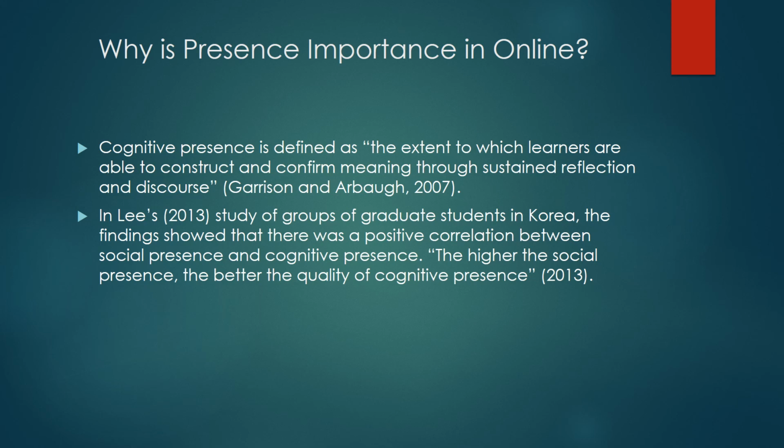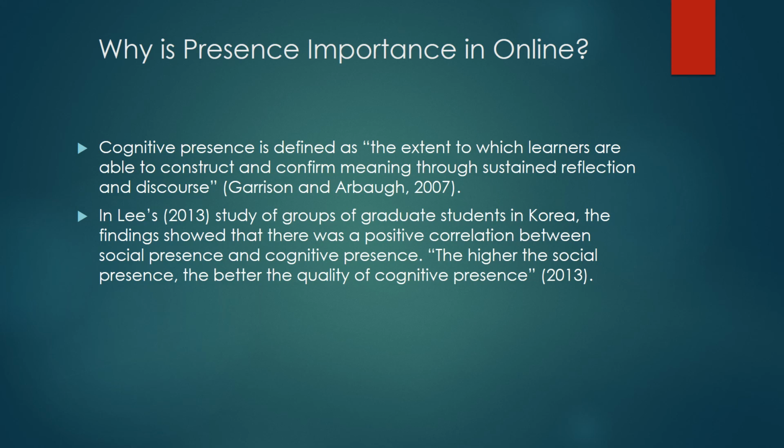Something else to consider, another type of presence we can look at is cognitive presence. And this is really the student's ability to learn, right? To construct meaning out of the content that they're consuming in your course. And we want students to have good cognitive presence in the course.